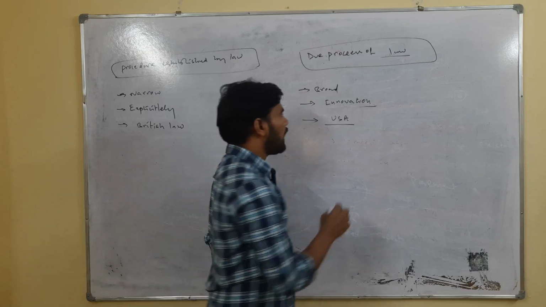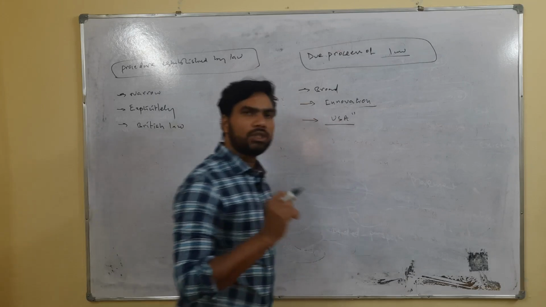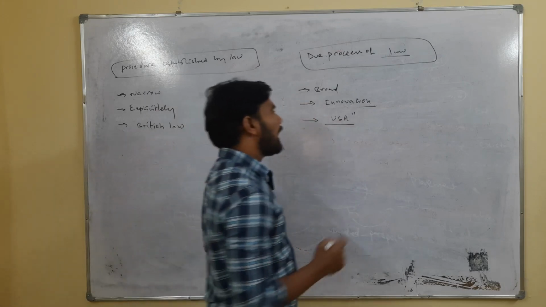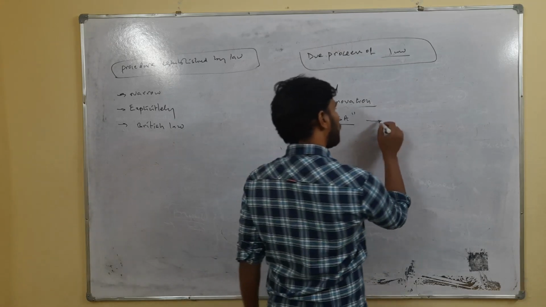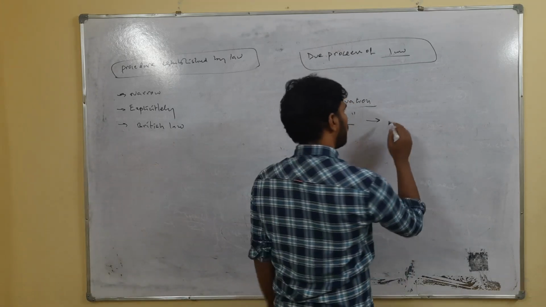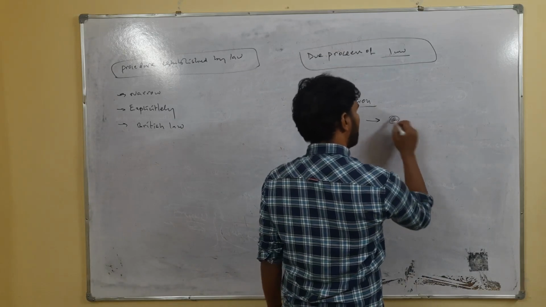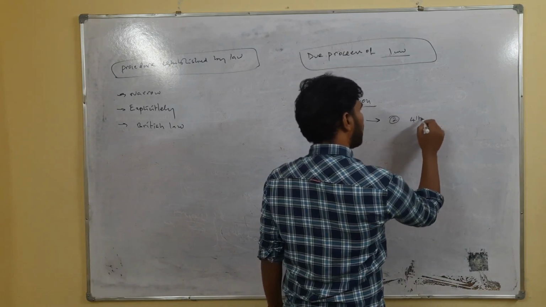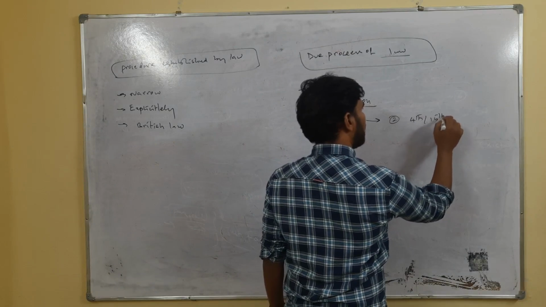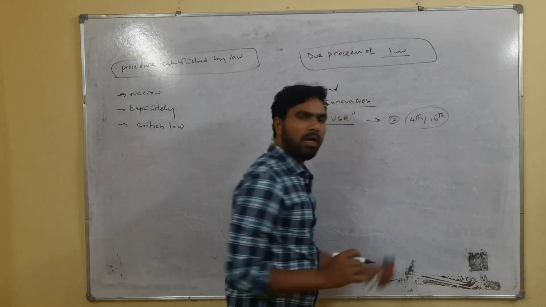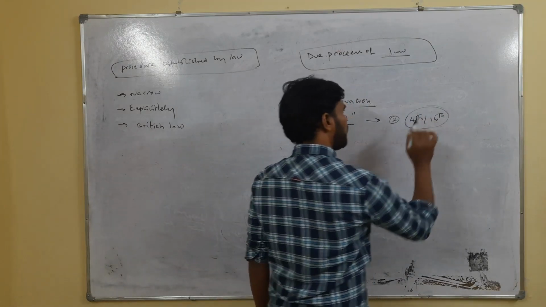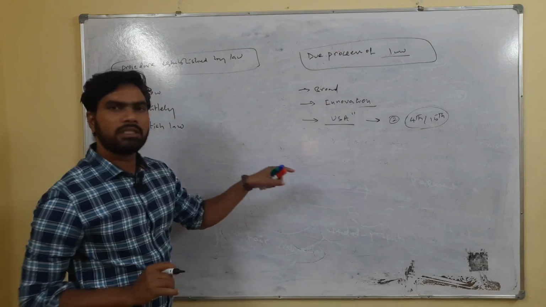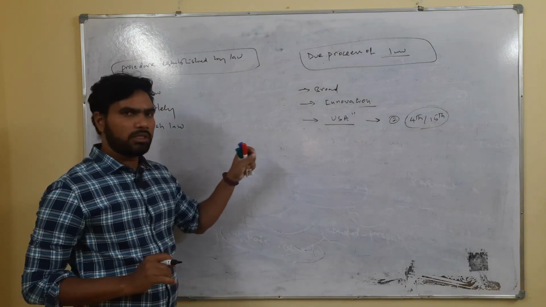The federal court of the United States found out this due process of law, and it was inserted later into the Constitution of the USA through certain two amendments. I think the Fourth Amendment and the 15th Amendment. I do not exactly remember the number of amendments, but I think through the 4th and 15th Amendments, it was later inserted into the Constitution of the USA.